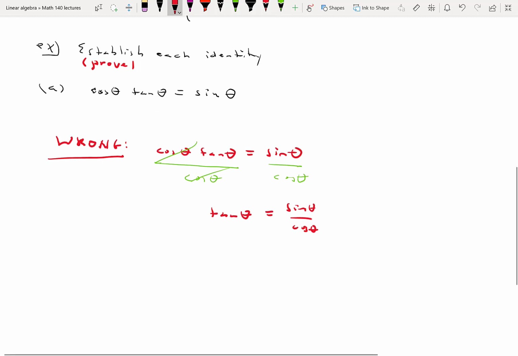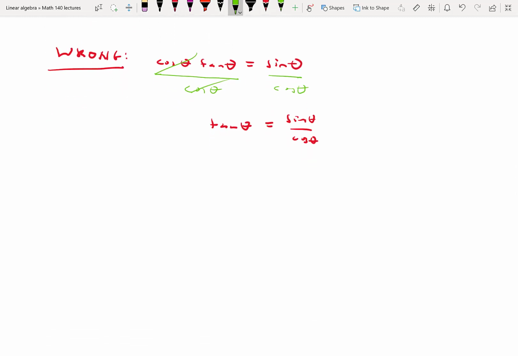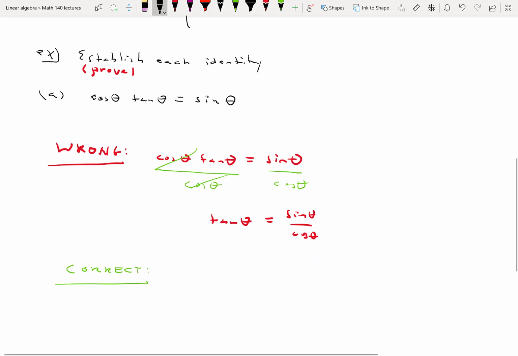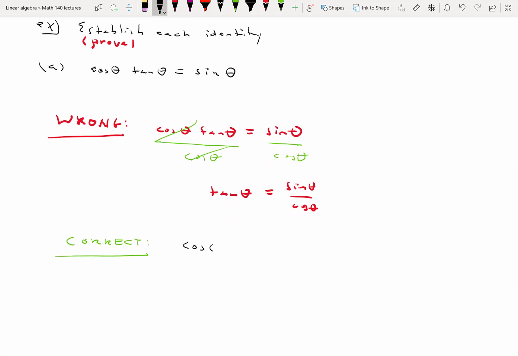So what can you do? The correct thing to do, and I'll put that in green, is to take the purported identity, the equation you're supposed to establish, and work on one side independently of the other.